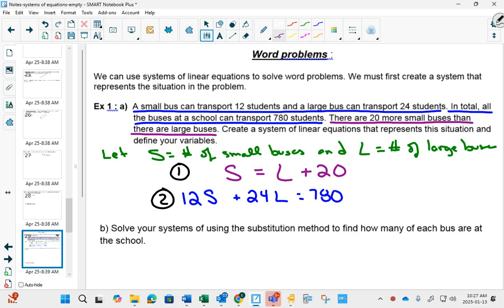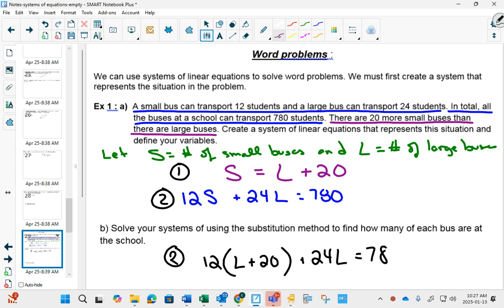So how does substitution work again? You take equation 2 and you substitute where the S is. I can now substitute in L plus 20, plus 24L equals 708.